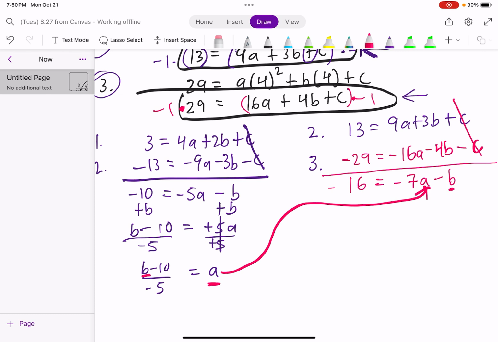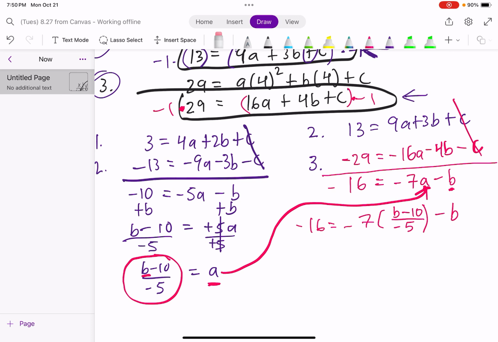Let's plug and chug. We're left with negative 16 is negative 7 times, what is my A value? A is b minus 10 over negative 5. b minus 10 over negative 5. And then minus b.